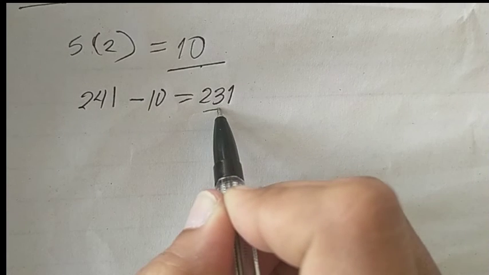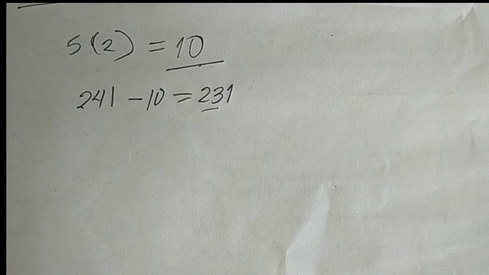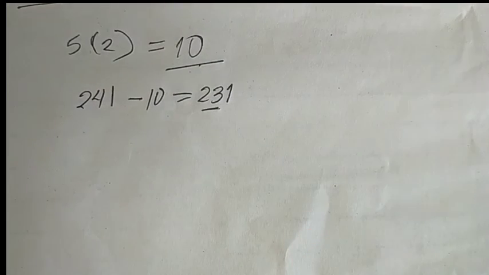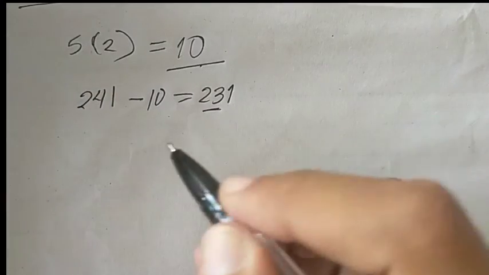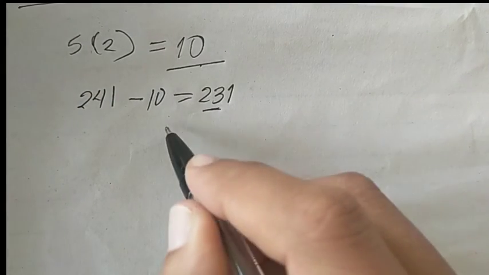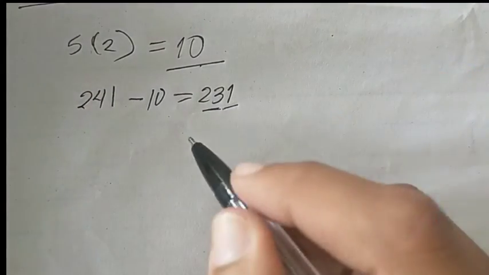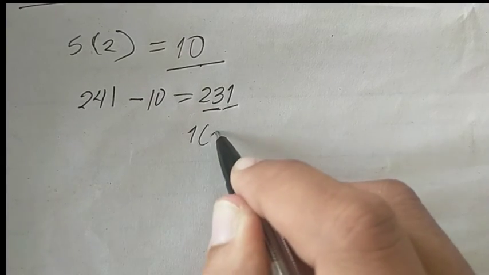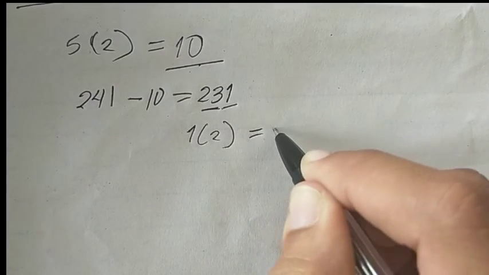So in 231, we do not know if this number is a multiple of 7. So let us go back to step 1 with the number 231. Repeat the process. Multiply the last digit of the number, which is 1, by 2. So the product is 2.